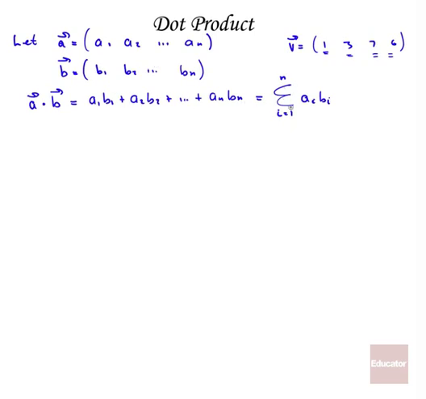This sigma notation is the capital Greek letter S, and it stands for sum. And it says take the sum of the ith entry of A and the ith entry of B, multiply them together, and add them. So run A1, B1 when i equals 1, and then go to the next one, i equals 2, plus A2, B2, and then go to i equals 3, plus A3, B3. So this is just a shorthand notation for this.